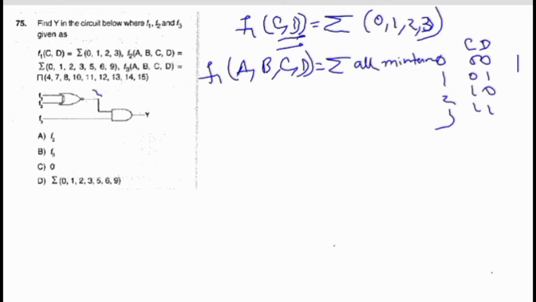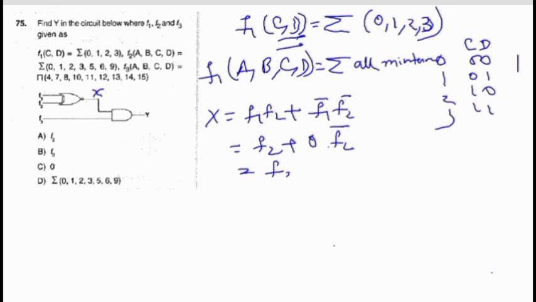Let's say this is point X, the output of XNOR. So output of XNOR, X is equal to F1 F2 plus F1 bar F2 bar. Now F1 is 1 into F2, so it will be F2. F1 bar is 0. So ultimately we have X equal to F2.